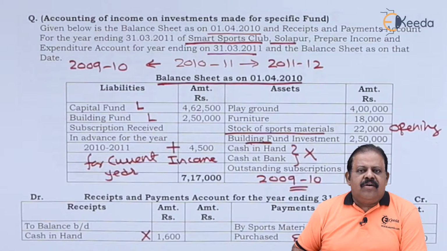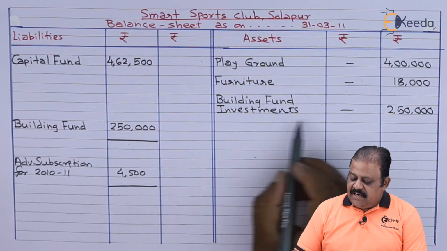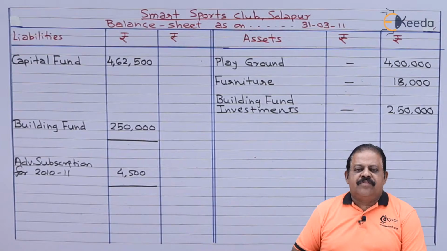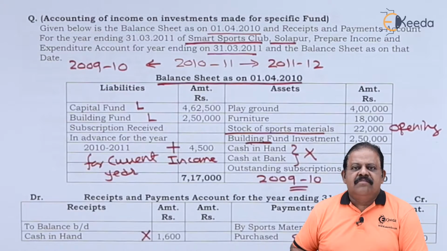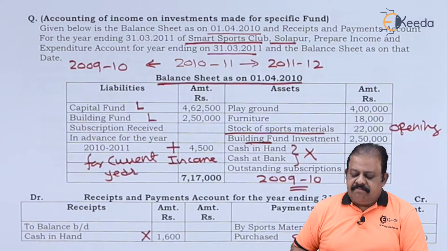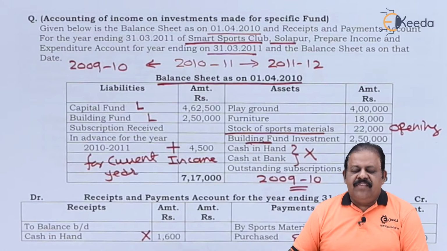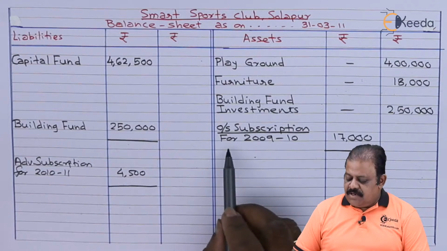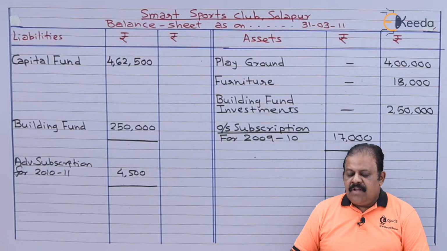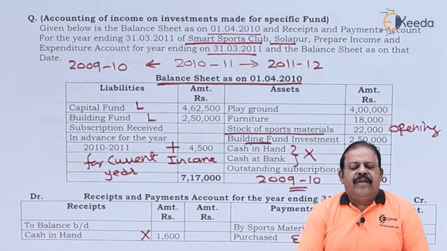This will be recorded on the asset side. Building fund investments 2,50,000. Cash in hand, cash at bank. This will not be recorded. Outstanding subscription 17,000. That is of the previous year. Outstanding subscription for 2009-10 amount is 17,000. We have recorded items in the opening balance sheet.